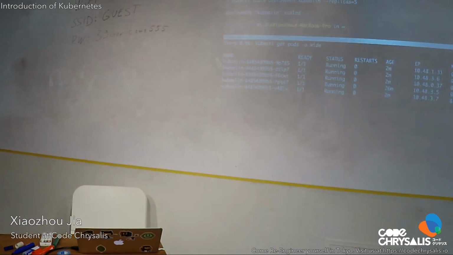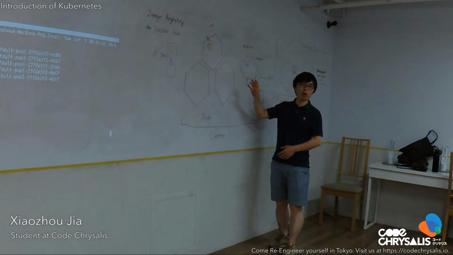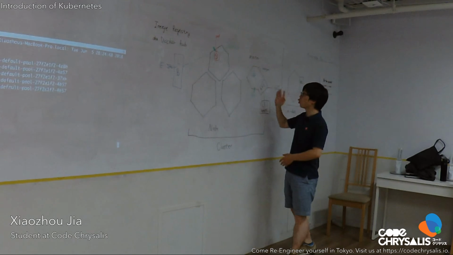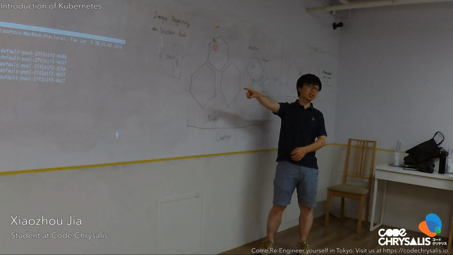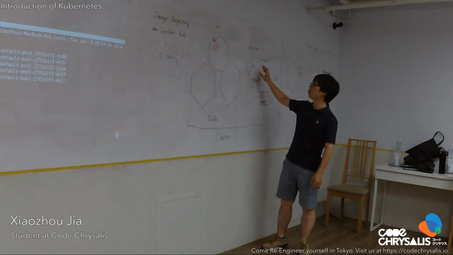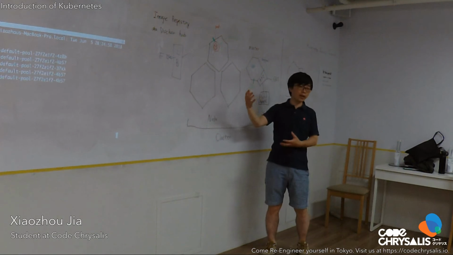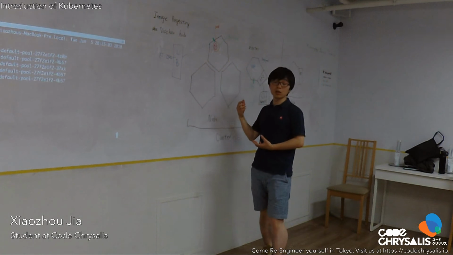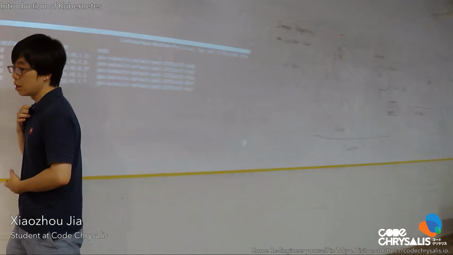Remember, I said we have no control over where our application will be running inside of the cluster. That's totally up to the master, and that is what just happened. We just tell the master we want 5 pods, and the master will grab whatever is available and run the pods for us.